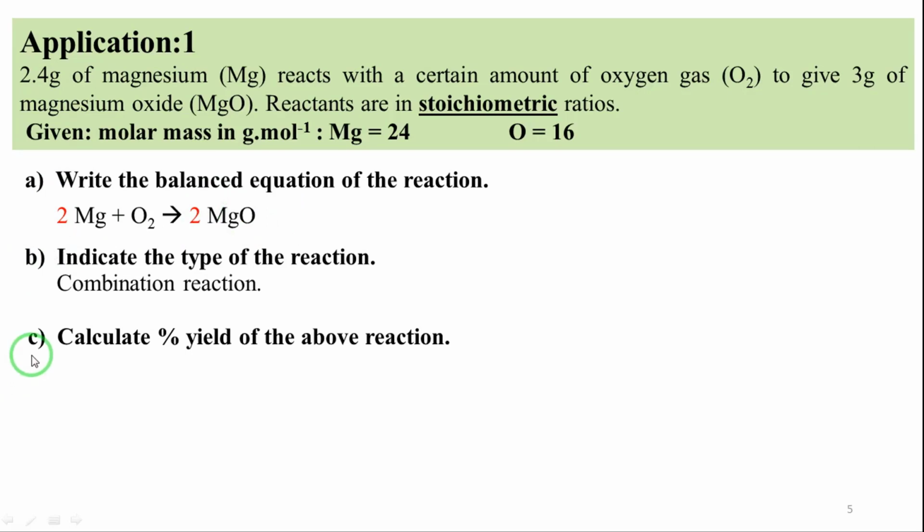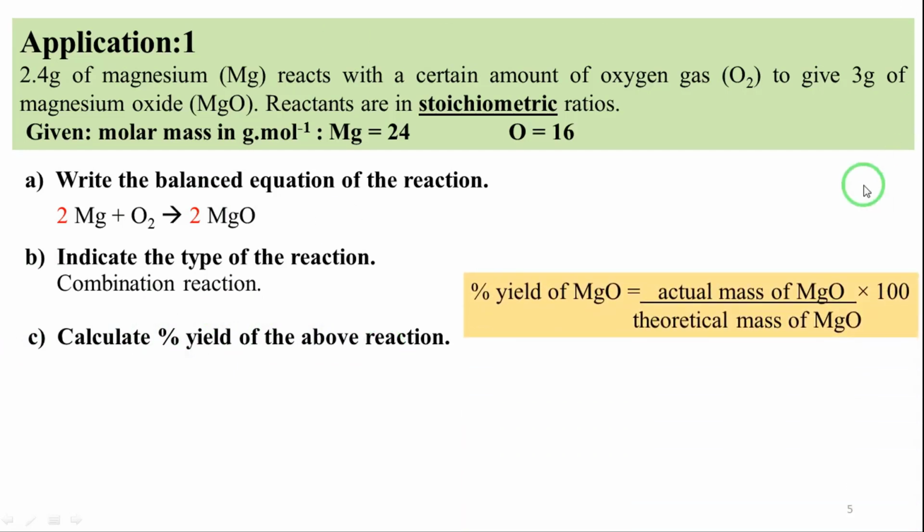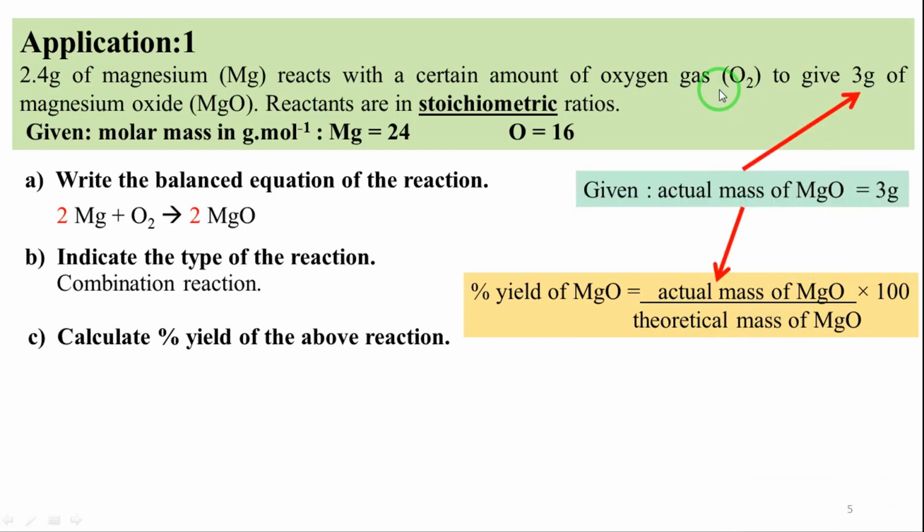The most important question here: calculate the percentage yield of the above reaction. So the percentage yield for the only product here, magnesium oxide, is equal to the actual mass of magnesium oxide divided by the theoretical mass of magnesium oxide times 100. Looking at the given, you have the actual mass of magnesium oxide, which is equal to 3 grams.